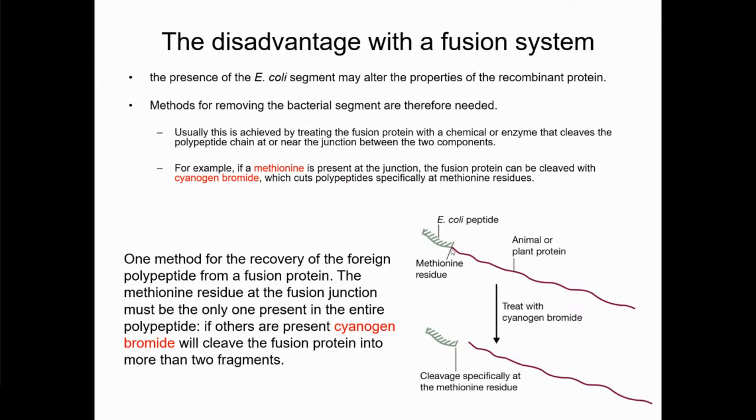If there is a methionine at the junction of the fusion protein, you can use cyanogen bromide to separate the two segments, the bacterial sequence from the protein. That's the way you can remove the bacterial sequence from the fusion protein.